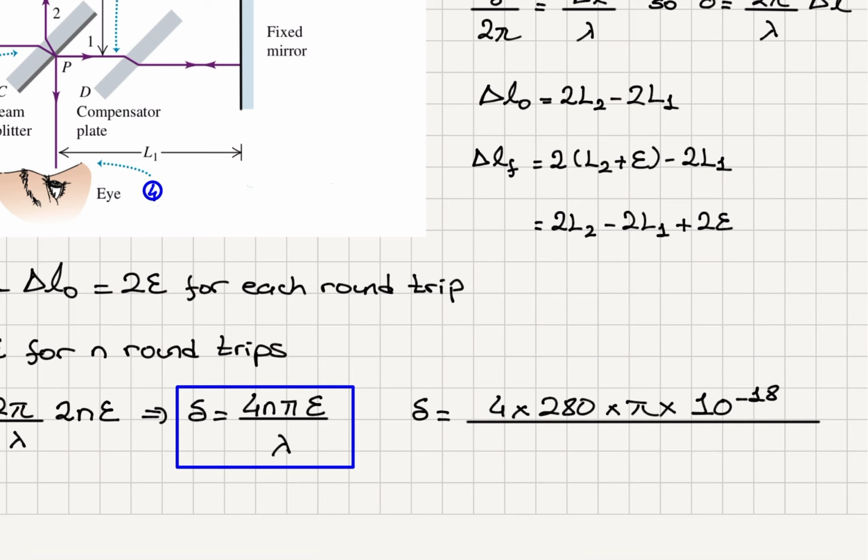The wavelength was 1064 nanometers, 10 to minus 9 meters. So the phase difference that we're trying to detect is 3.3 times 10 to minus 9 radians for this overall process.